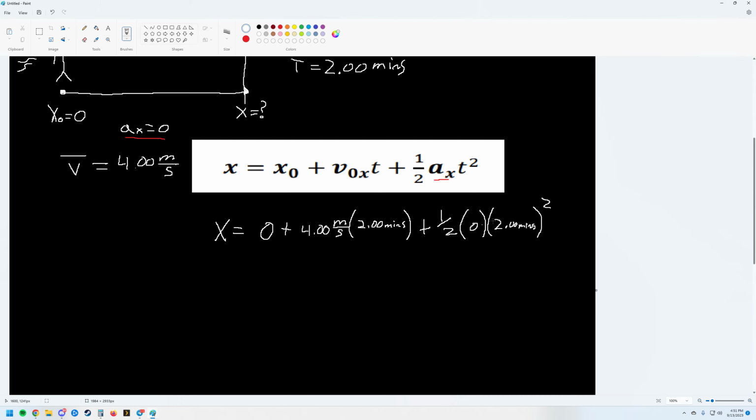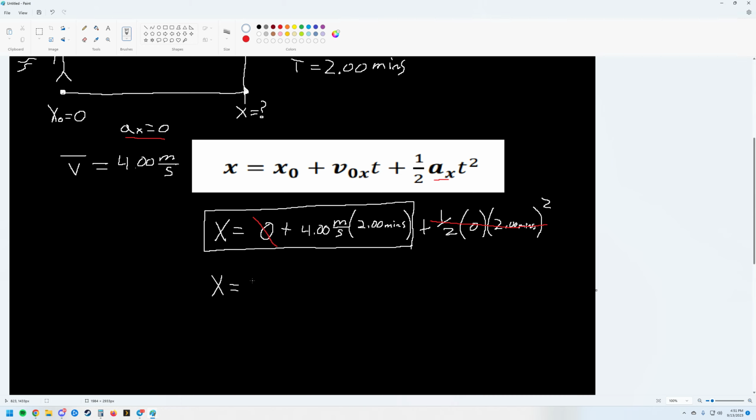Anything times 0 is 0, so 1/2 times 0 times 2.0 to the second power is all 0. So we're left with just this equation, where even the 0 disappears.